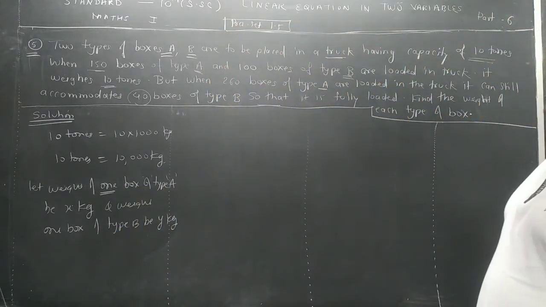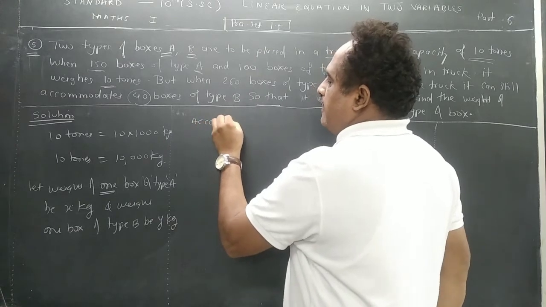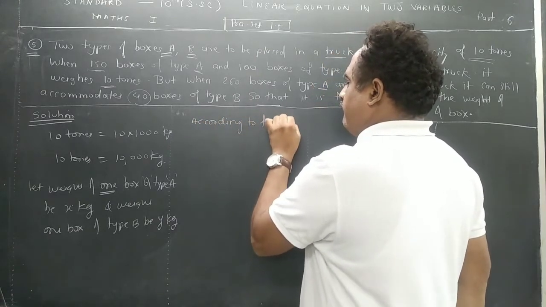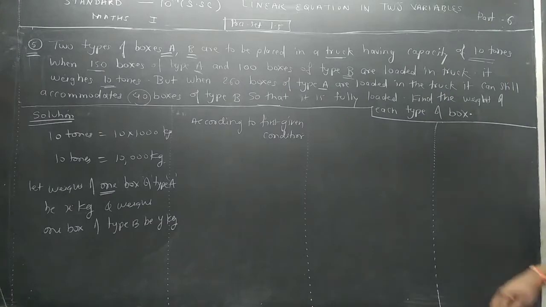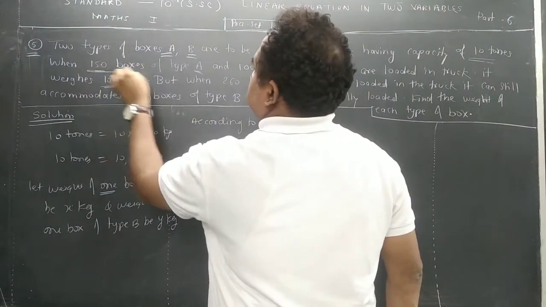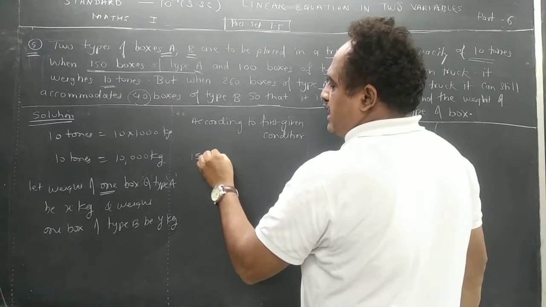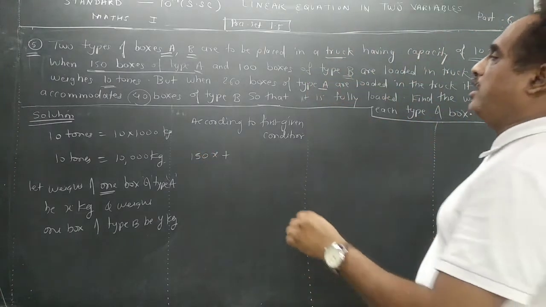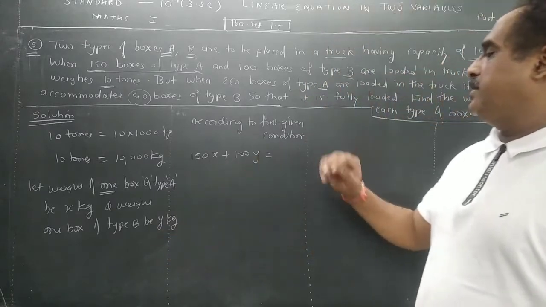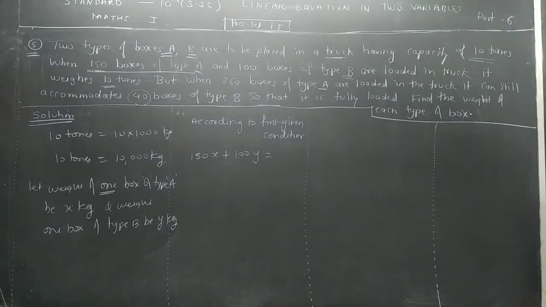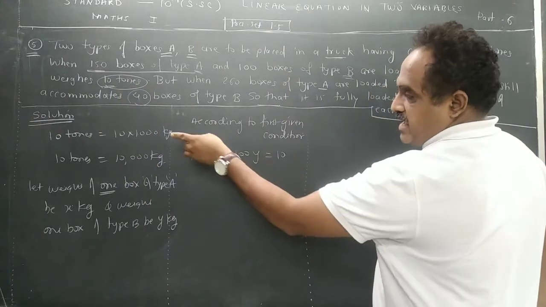Have you understood this? Now, if you see the condition, according to first given condition, we get what we are getting when 150 boxes. एक बॉक्स का वेट कितना है x, तो 150 बॉक्स का कितना हो जाएगा 150x प्लस 100 बॉक्स ऑफ बी टाइप. एक बी टाइप के बॉक्स का वेट कितना है y kg, तो कितना हो जाएगा 100y. देन इट का वेट कितना हो जाता है, we have written 10,000.